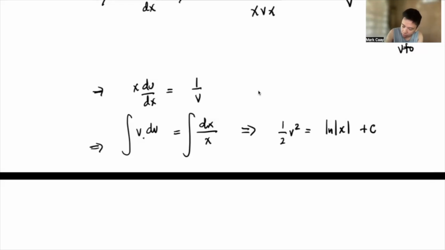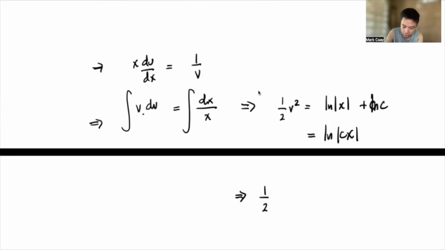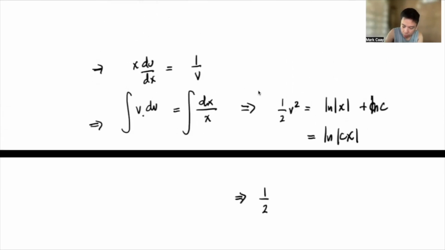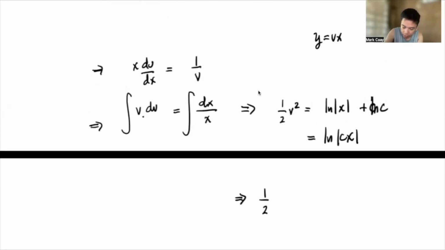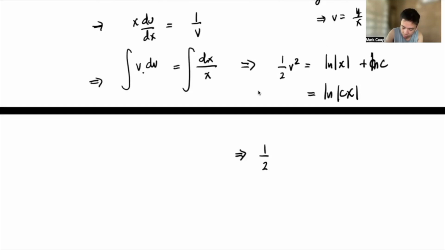So try kong gawin tong instead of c magiging ln of c yan. So I have ln of cx, no? So I get 1/2. Your v kasi originally is, di ba your y is vx? So that means your v is equal to y over x. So that is y squared over x squared.